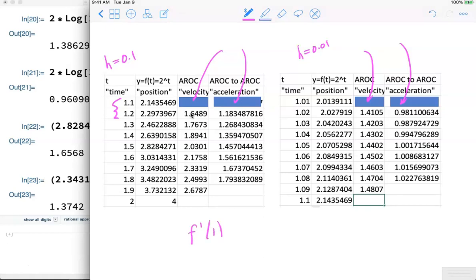F prime at 1 is supposed to be equal to 1.39, which was 2 times the natural logarithm of 2, and the second derivative at 1 was supposed to be 2 times the natural logarithm of 2 squared, which is 0.96. So hopefully that's what you would end up finding. Fill in those blanks there. I'll pause for just a second.